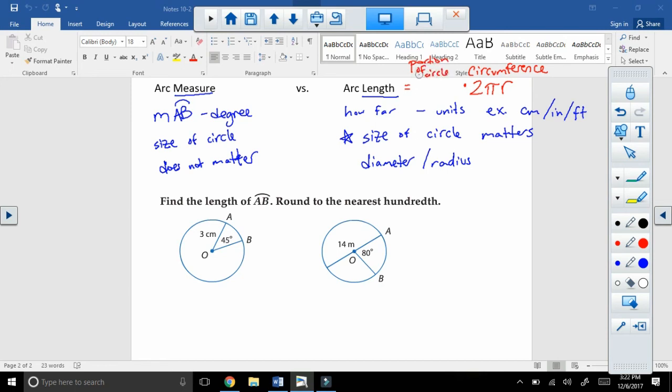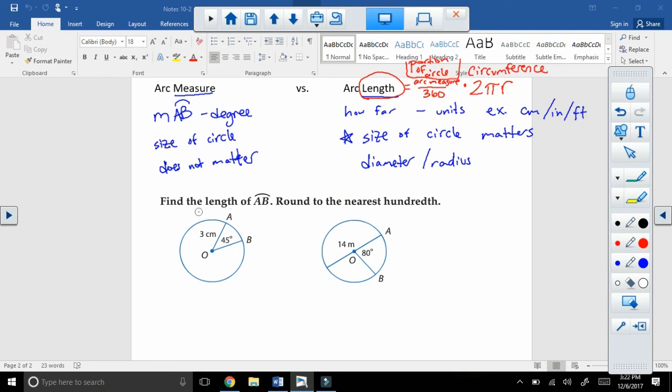So the way you can tell the portion or the percentage of the circle is figure out your arc measure over 360 degrees. This is the portion of the circle, or think of the percentage of the circle it is, and then when you multiply that by the whole way around, that's going to give you the length of the arc. If you were going to get a tape measure and wrap it around a portion of your circle, that's what we're talking about here.